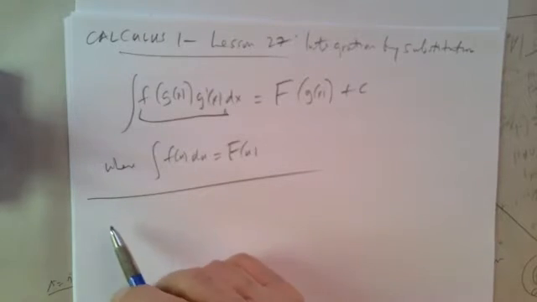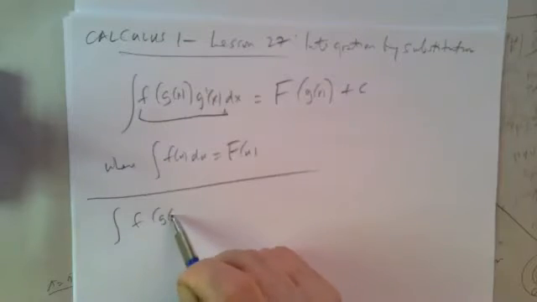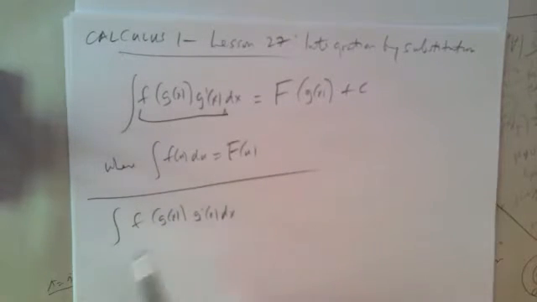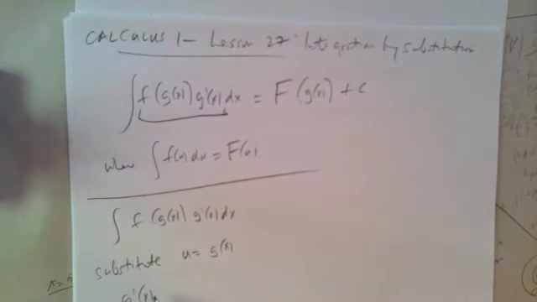And the idea is you do the following. You have the integral of f of g of x, g prime of x dx. And then you introduce a new variable, u equals g of x. And when you do that, you can say that g prime of x is dg dx.